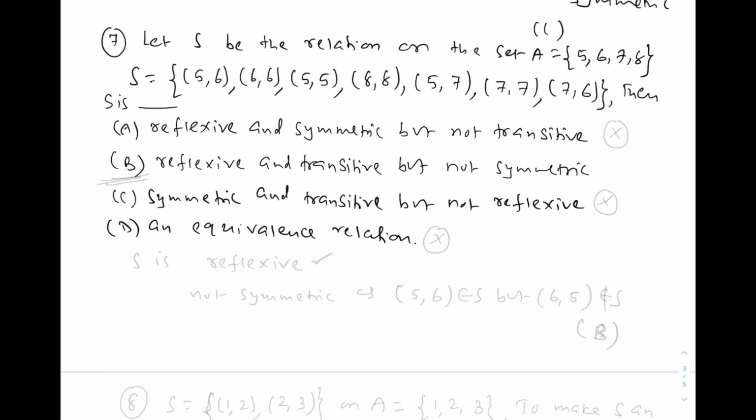Now see, the set is 5, 6, 7, 8. We are having (5,5), (6,6), (7,7) and (8,8) also. So S is reflexive, sure. Okay, see whether symmetric. So (5,6) is there. Does (6,5) is there?